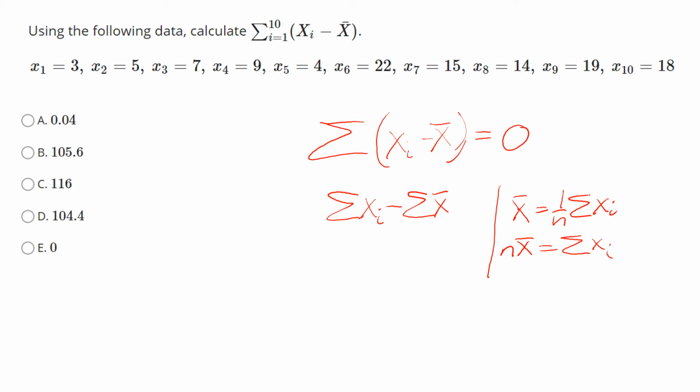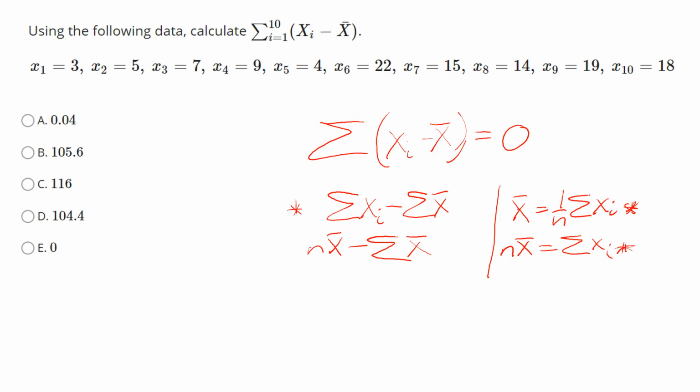What we did here was simply multiply both sides of this equality by n to get this equality. Now if we substitute this result into this side, we can rewrite this as n x bar minus sum of x bar.